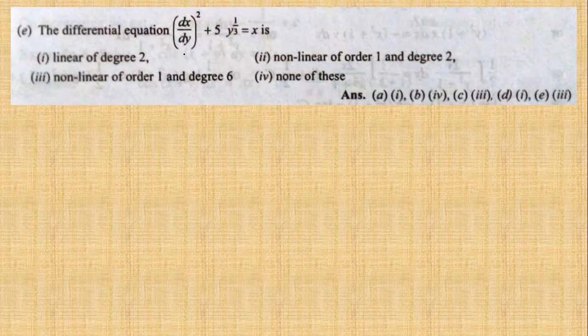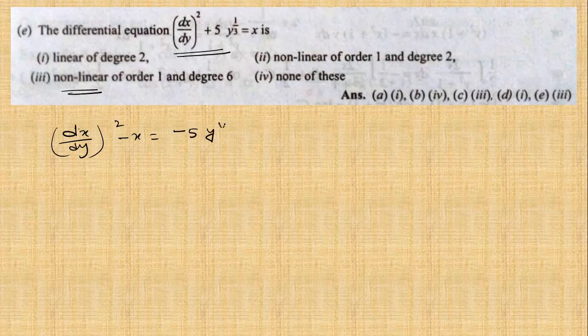The differential equation with y to the power 1 by 3. The power 1 by 3 means this is non-linear. So dx/dy whole square minus x will be minus 5 y to the power 1 by 3.